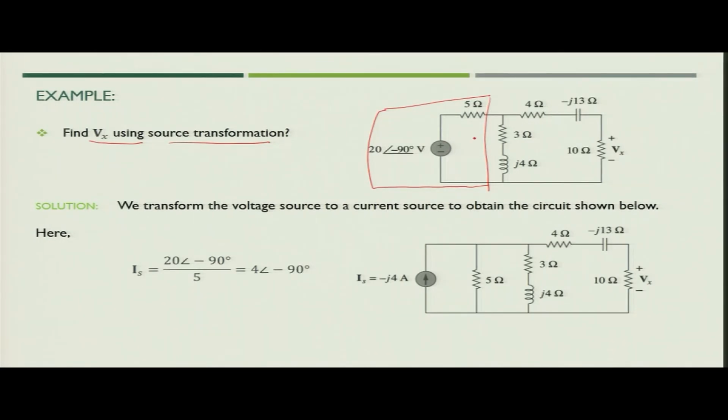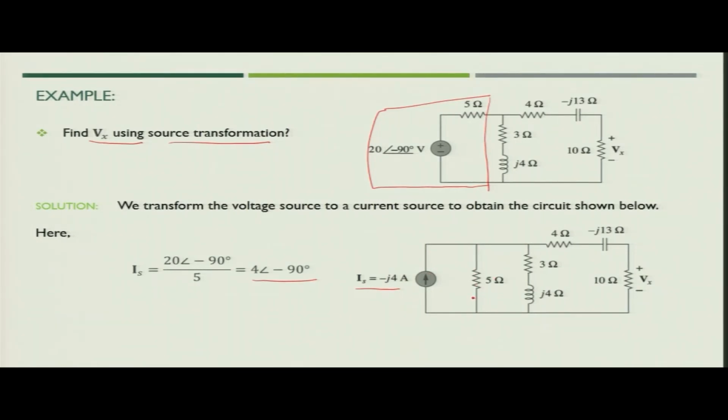The current source will become 20 angle minus 90 degrees divided by 5, that is the resistance. So, it becomes 4 angle minus 90 degrees, or in complex form Is is equal to minus J4 ampere, and this current source will be in parallel with the 5 ohm resistance.